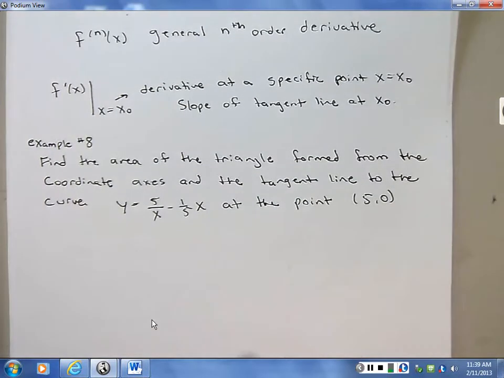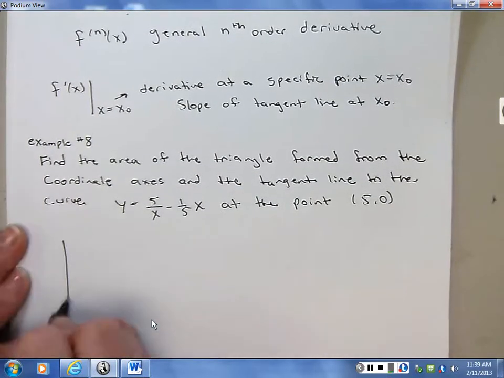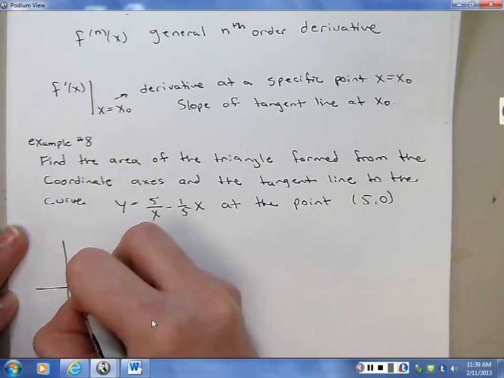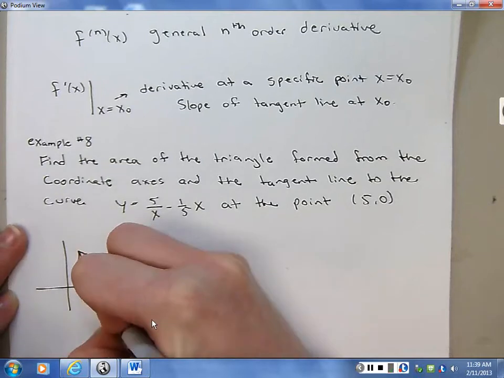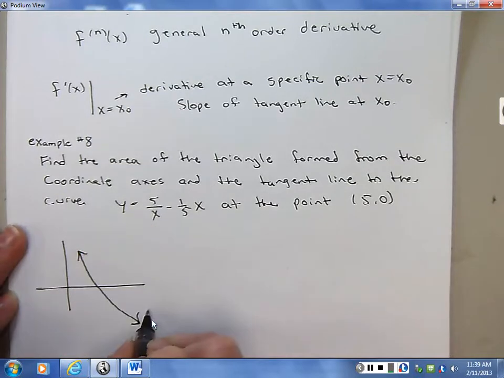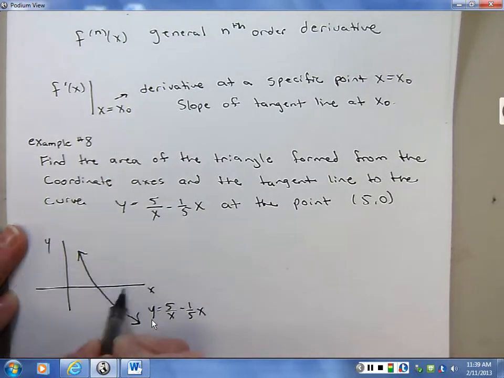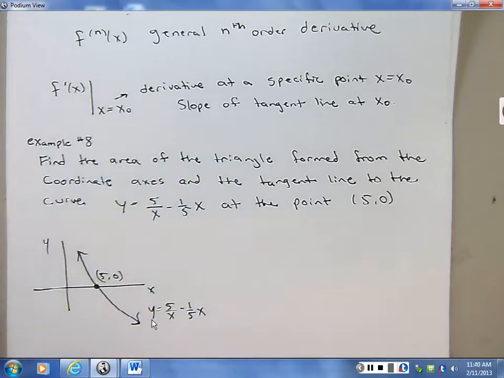So what I'm doing here is I have this function y equals 5 over x minus 1/5 x. And I'm looking at this point (5, 0). There's a tangent line at that point.